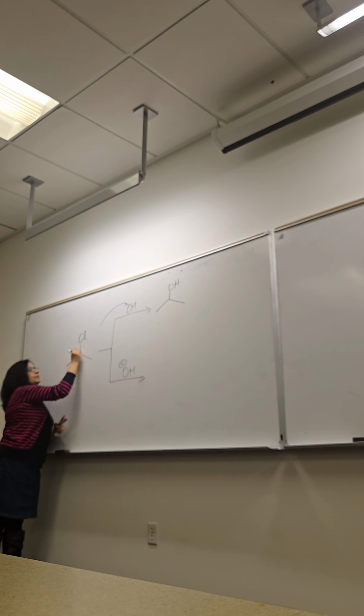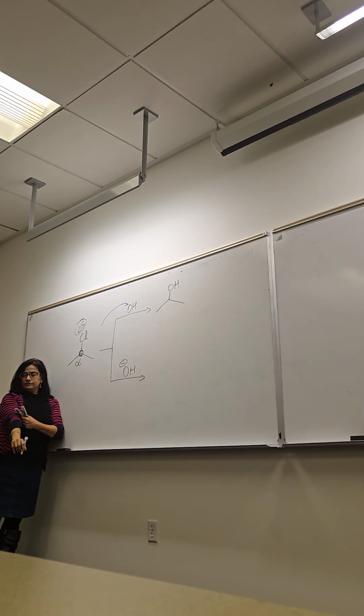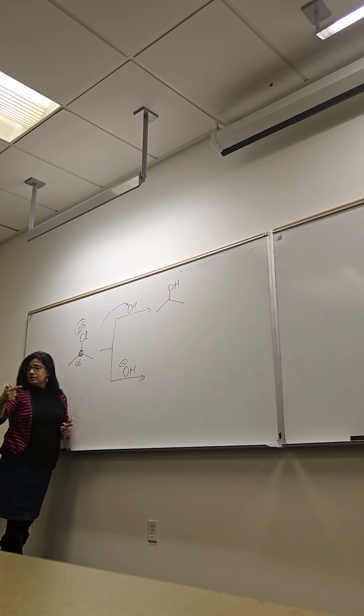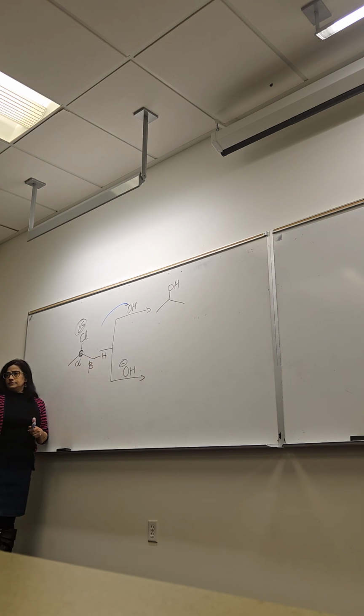The carbon that has the leaving group attached to it is labeled alpha. We are looking at the beta carbon, meaning the carbon one away from where the leaving group is. You good, everybody? So another thing hydroxide can do: something that's electron rich can behave as two things. What are those two things?